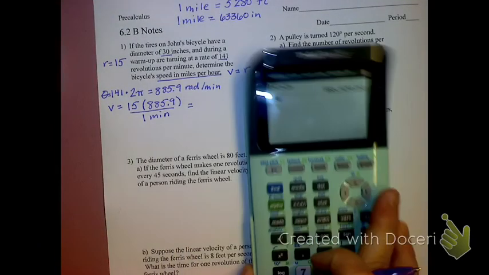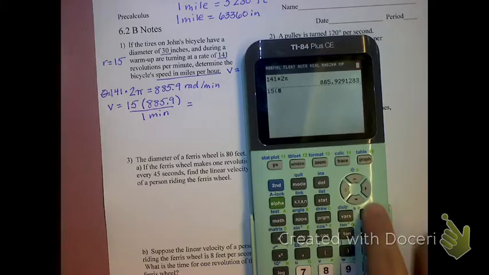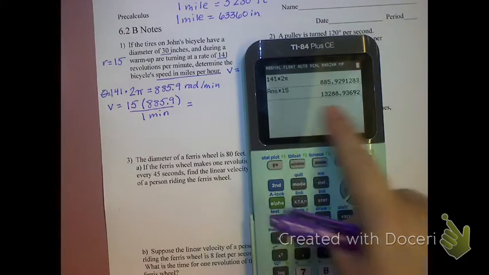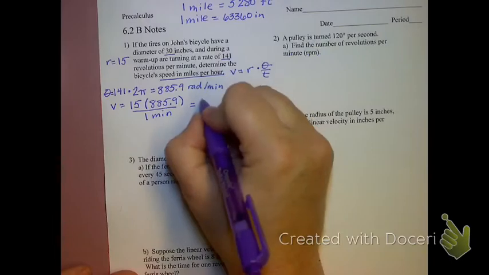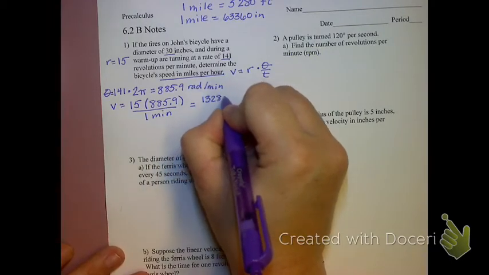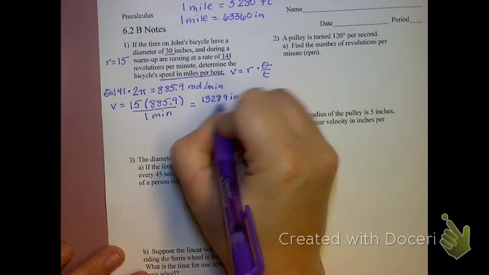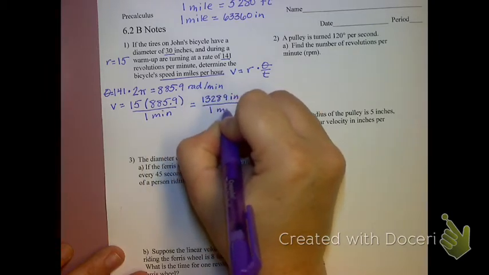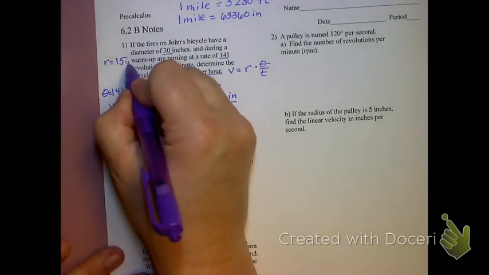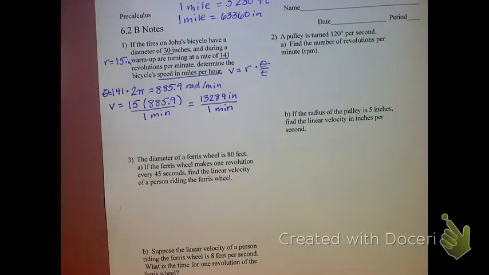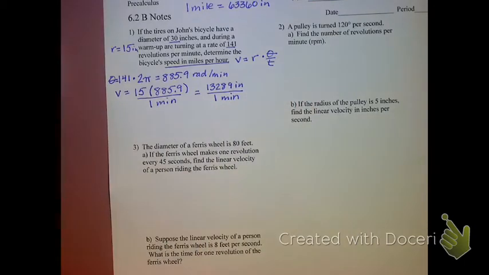Times 15, because there's the 885, and then divided by 1 is just that, right? So let me round that off. 13,289 we'll call it. And that's how many inches are traveled in 1 minute, because we multiplied theta by 15 inches. Yes? So I have a speed now. I have a velocity. The problem is it's not in miles per hour, it's in inches per minute.